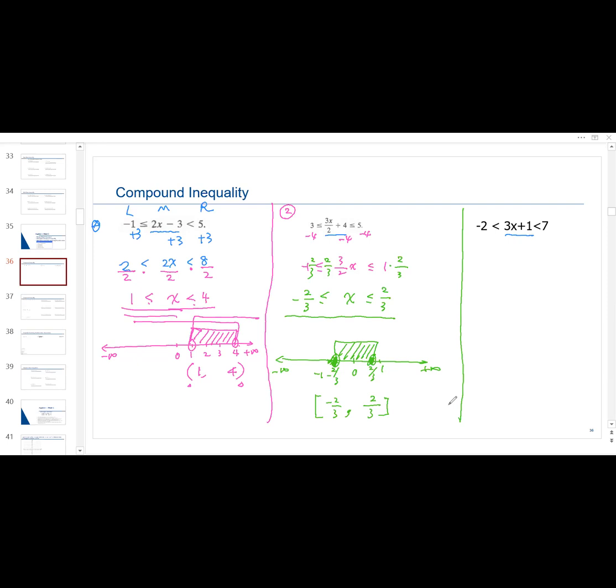All right. Let's see this one. This is the third example, right? So firstly, we subtract 1, -1. So three parts, left, middle, and right. They do the same transform, all right?